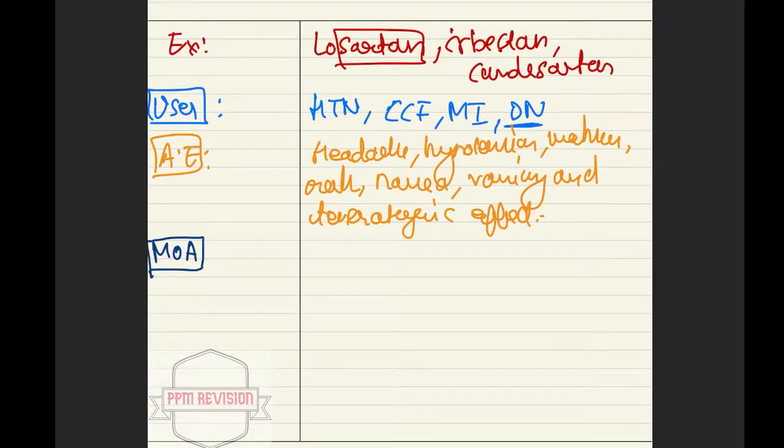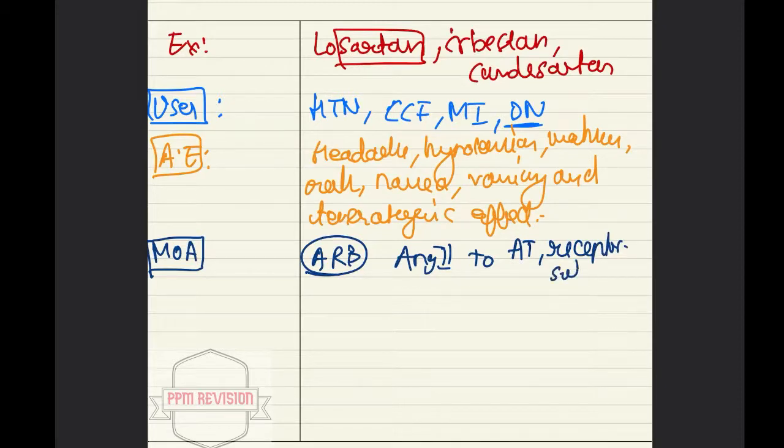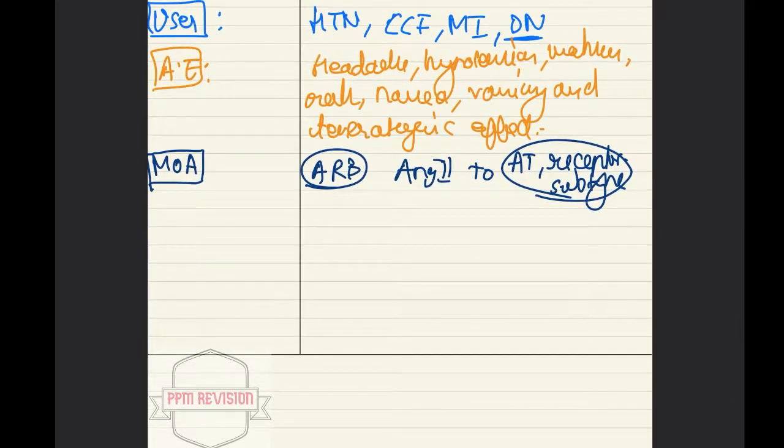So here the ARB inhibits the binding of angiotensin 2 to the AT1 receptor subtype and it's a similar action, that is the angiotensin 2 effects are not brought out.